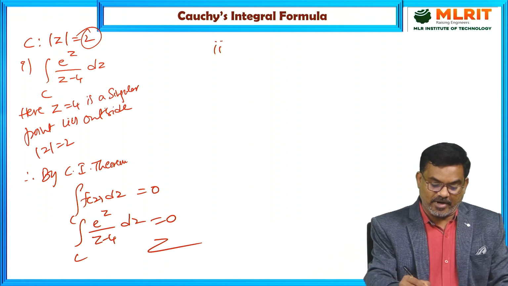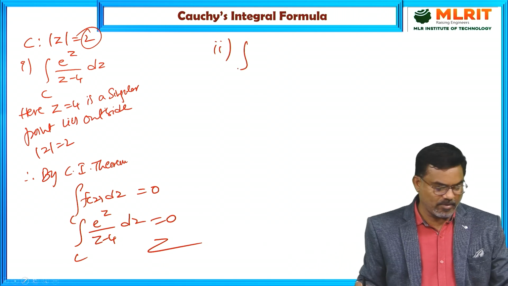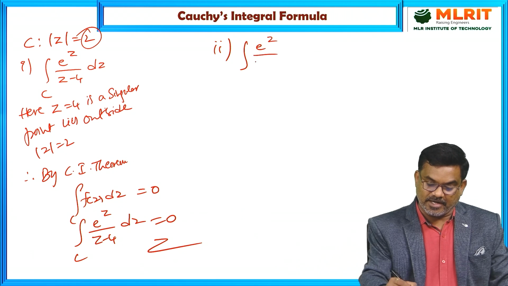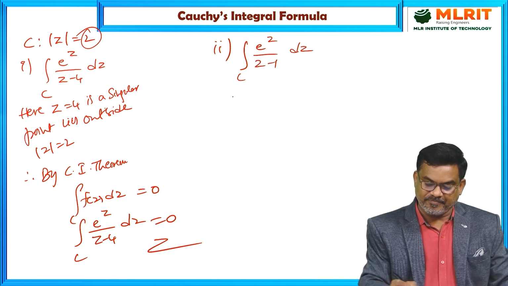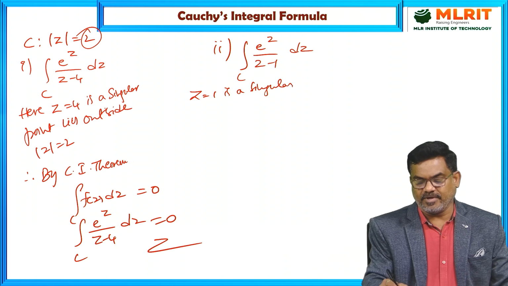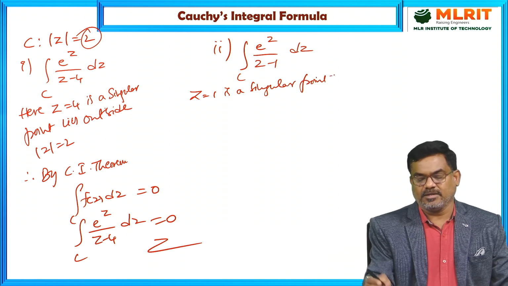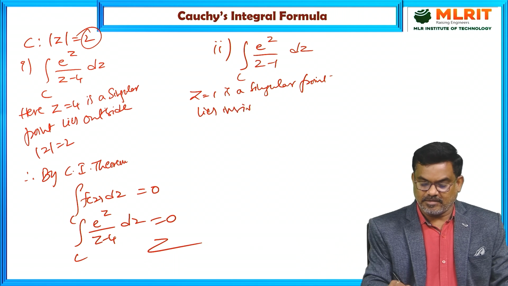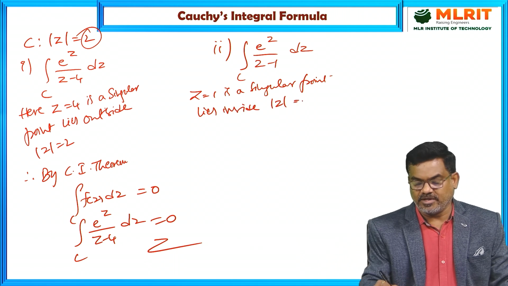And the second problem, e^z/(z - 1) dz. Here z equal to 1 is a singular point. By equating the denominator to zero, we get z equal to 1, which lies inside the circle |z| = 2.